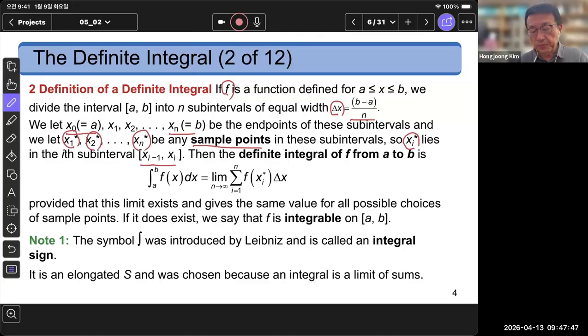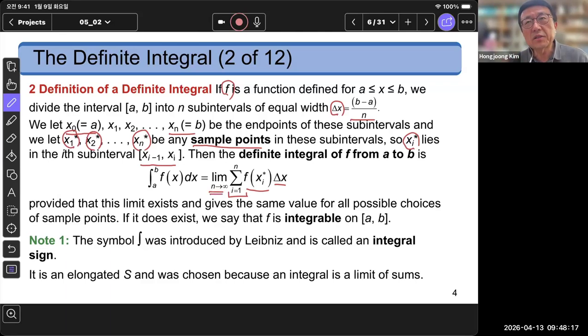Okay, so between xi minus 1 and xi, you choose an arbitrary point, and that will be denoted by xi star. So you select those n numbers, you evaluate your function there, multiply by delta x, take the summation, and then you increase the value of n.